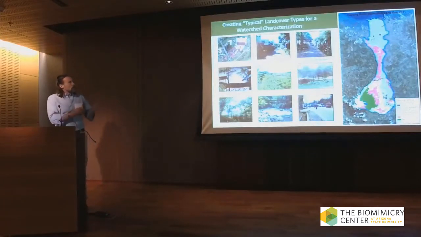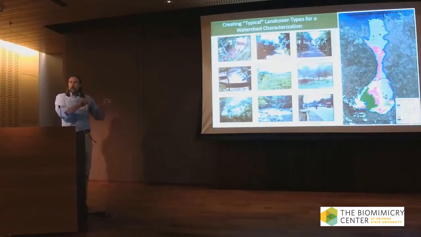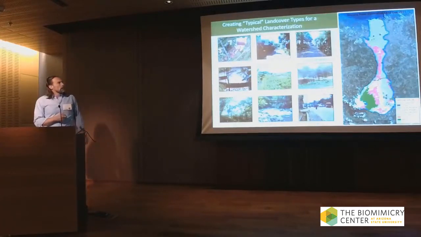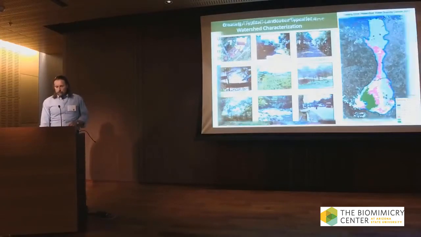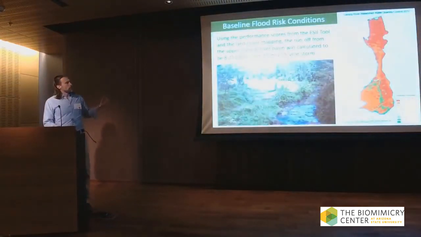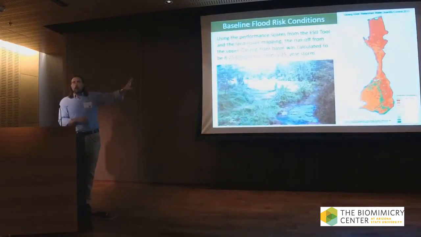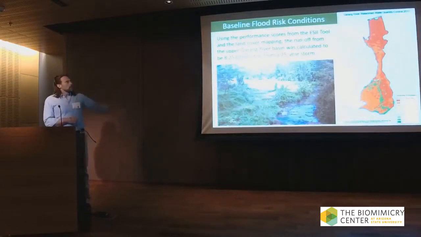So we did that. We ended up splitting out a couple of their land cover types and figured out where those were on the landscape primarily. But then at that point, now you have a way of taking that information and applying it, doing a watershed characterization with it. Right? So this is the result.